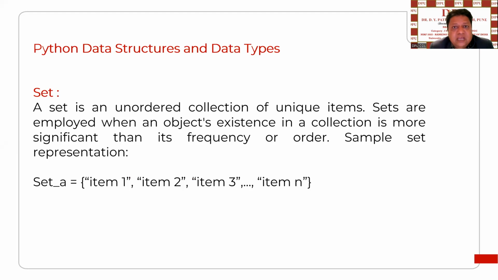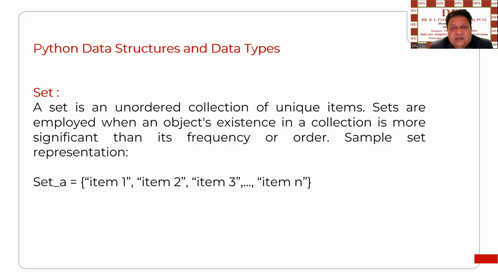So if you talk about the difference between a list and set, set is an unordered collection of unique items. Means what? Set will not allow you to enter duplicate values, whereas list will allow you to enter duplicate values. And one more difference is that list is an ordered collection, whereas set is unordered collection. Set will not maintain the order. Means what?